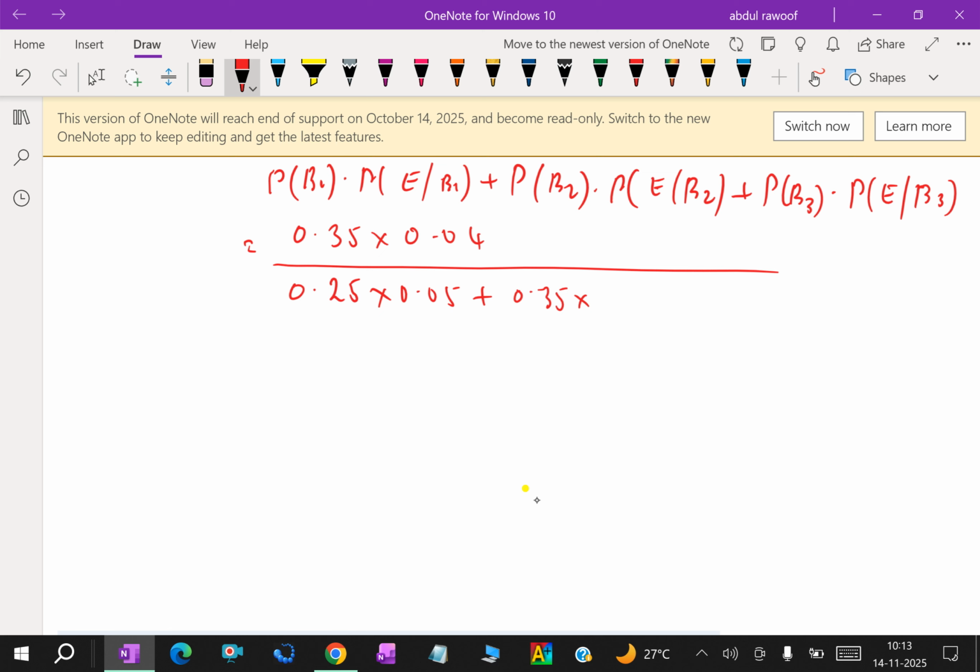0.35 into 0.04, plus 0.40 into 0.02, which is equal.